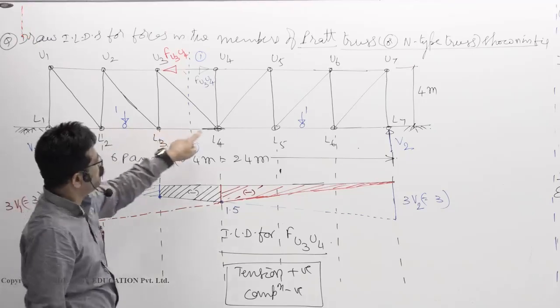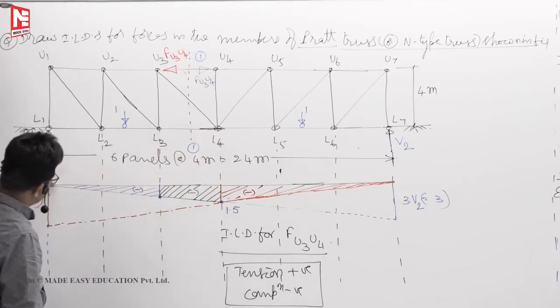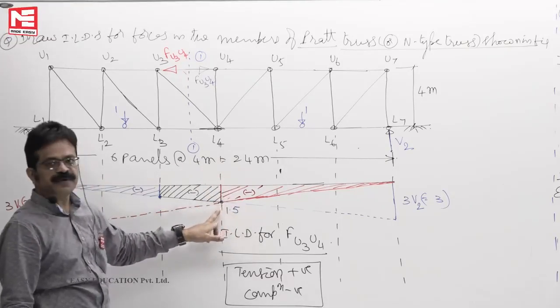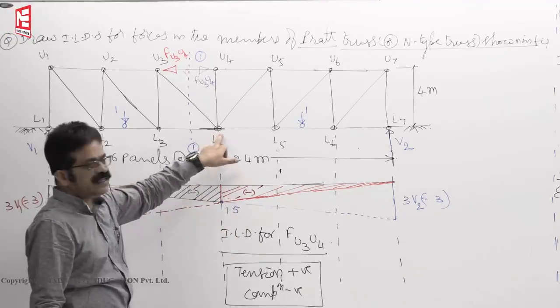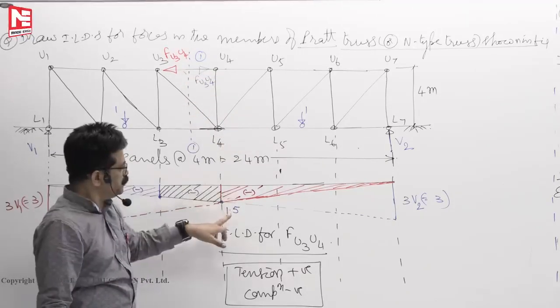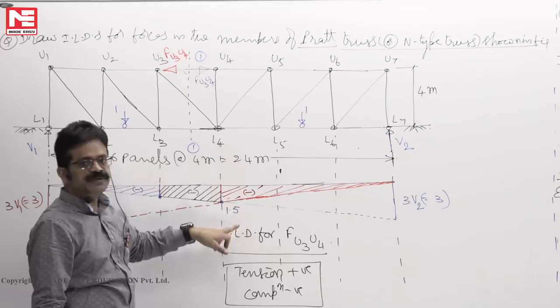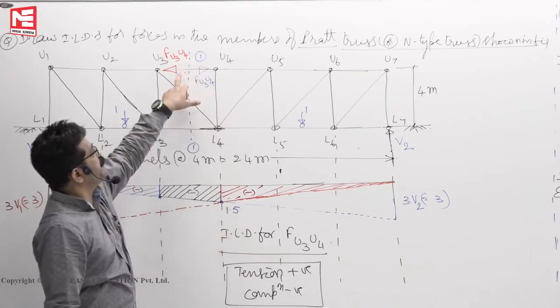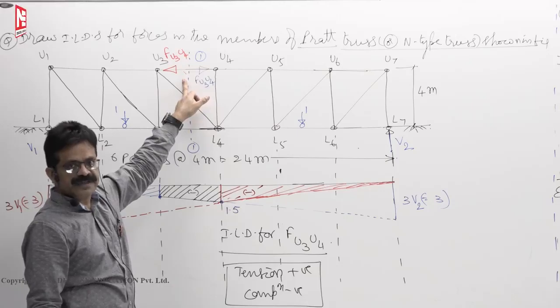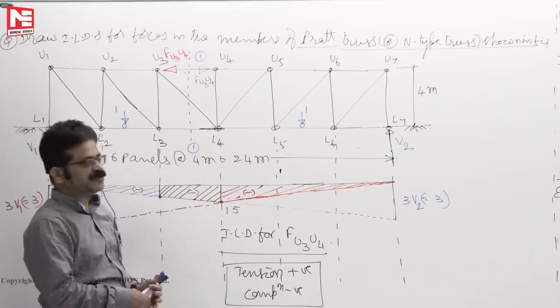As the load is moving towards L4, force in the member is compression and gradually is increasing like this. It is now 1.5. That means at L4, if we keep a point load of 10 kilonewton, 10 into its influence 1.5, 15 kilonewton is the force in the member U3, U4. Okay, so that's how the influence line diagram is drawn.